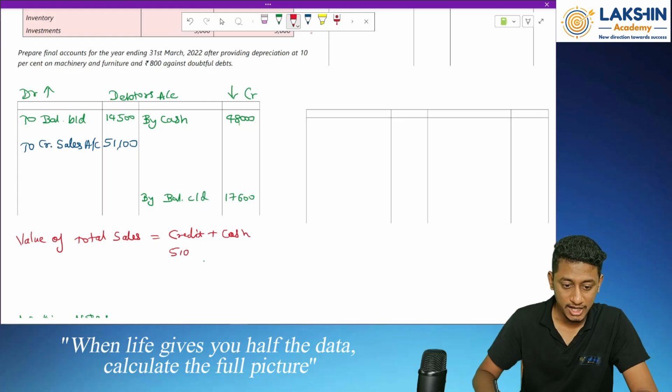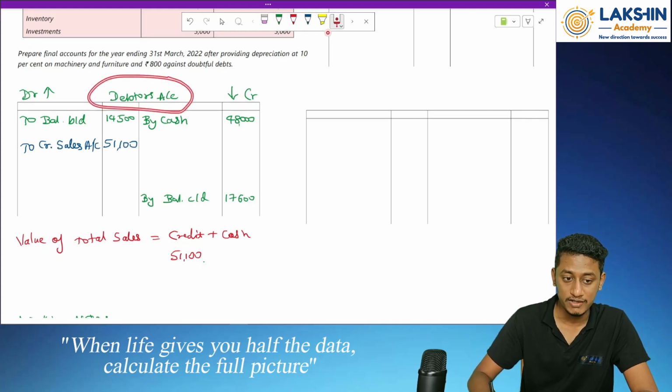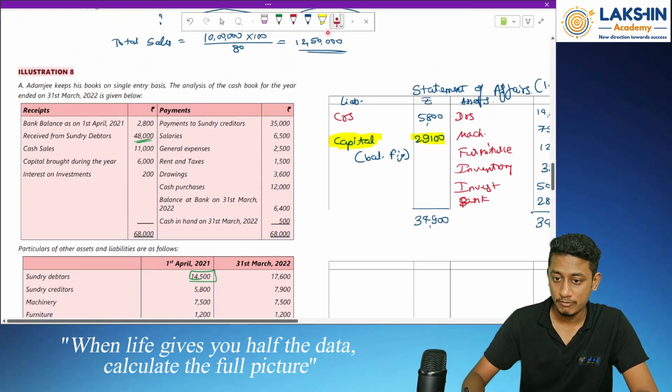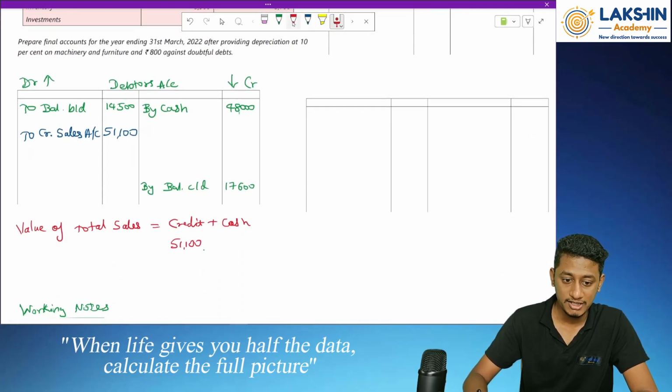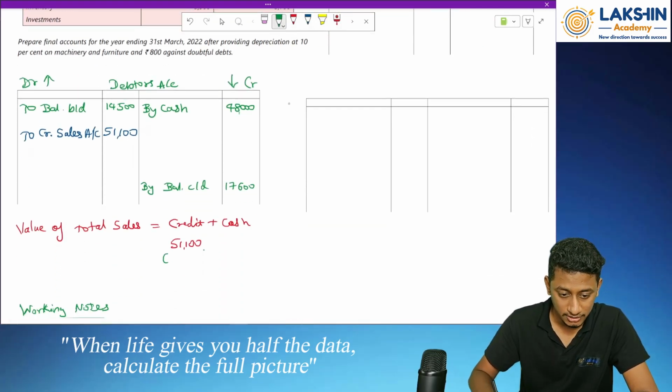As per the answer I have got, 51,100. This I have got from my working note number 2. This is my working note number 2, the debtors account, and this is my working note number 1. So just mention that this is from working note number 2.